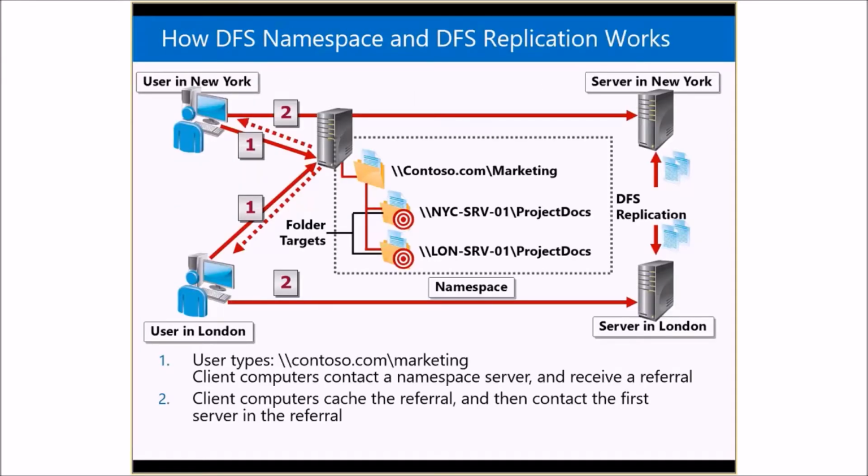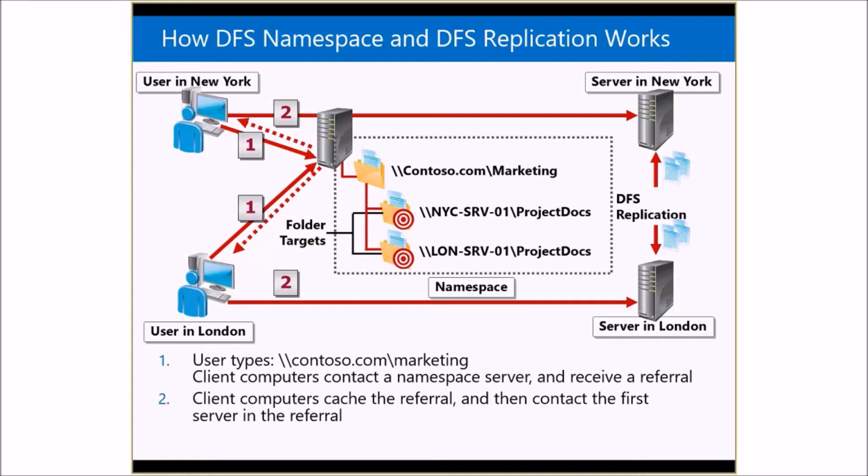In this example, like I explained previously, we have a DFS namespace that incorporates a server from New York and a server from London, and they all form this DFS. Data is replicated between the servers, so the data is exactly the same. So I might be working on a project here in London in the morning. Now I get onto my flight and I can't work on it anymore.